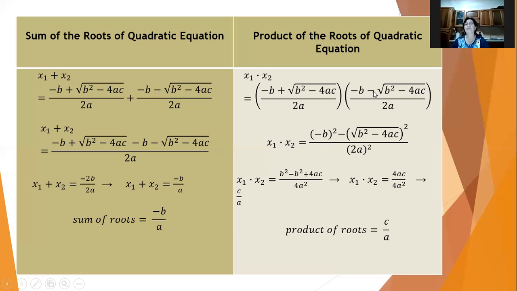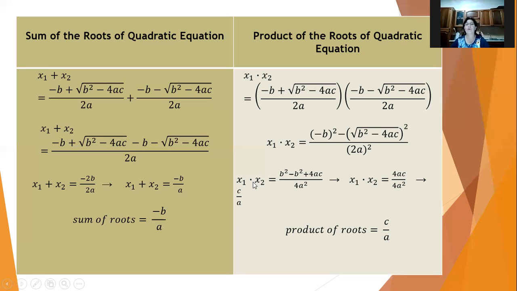Positive times negative is negative. Square root of b squared minus 4ac times square root of b squared minus 4ac is equal to the quantity, the square of the square root of b squared minus 4ac, over 2a times 2a, which is the same as 2a squared. Again, let us simplify.